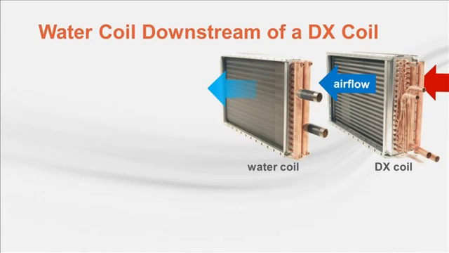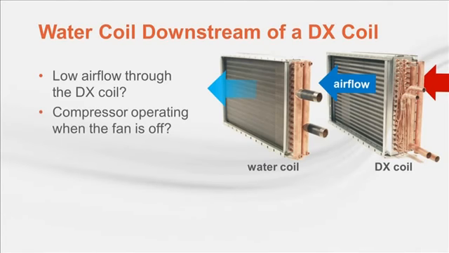Typically, the air temperature leaving a DX coil is 55 to 60 degrees. So what can cause it to produce sub-freezing air? Maybe low airflow through the coil due to clogged filters or a variable frequency drive that's turned down too low. Or even no airflow, which can happen if the compressor is turned on without proof of airflow by the fan.